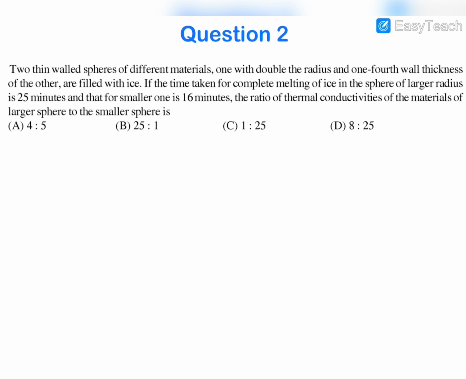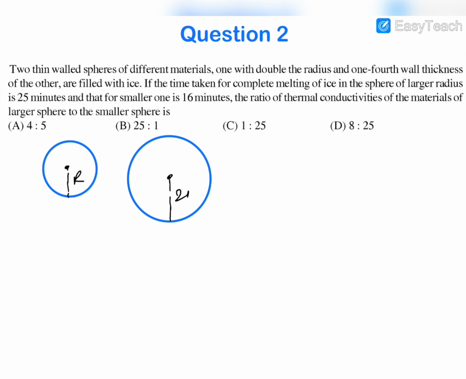In this question you can see there are two spheres of different materials. Let us draw these two spheres, and the material is different. One of the spheres has double radius, so its radius is r and its radius is 2r, and the wall thickness is one with double radius and 1/4 wall thickness of the other.